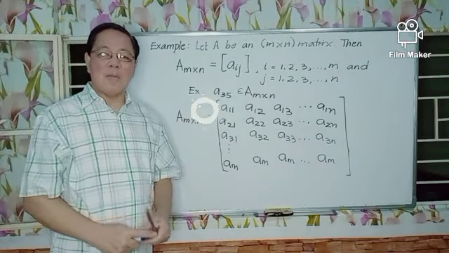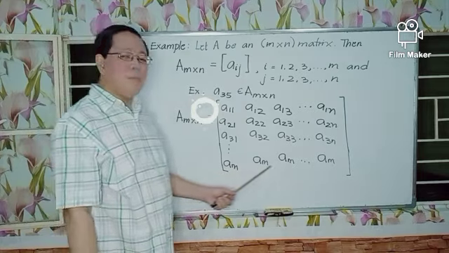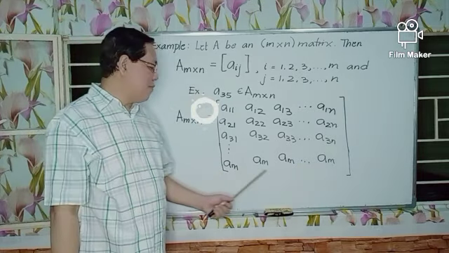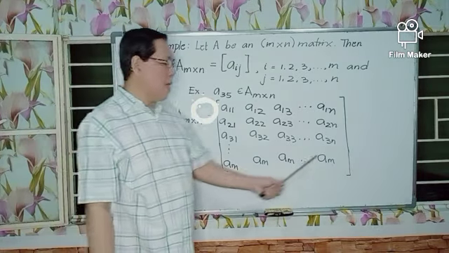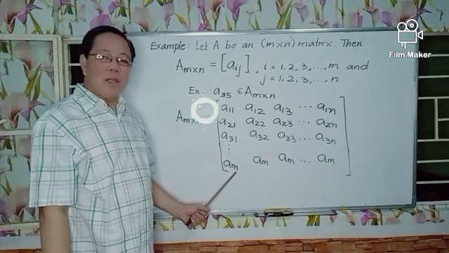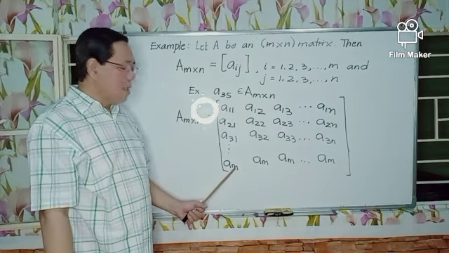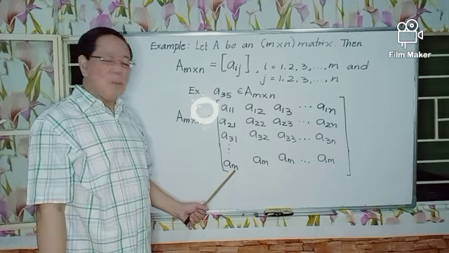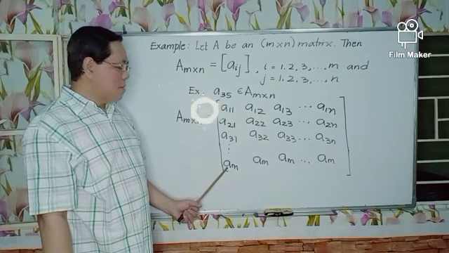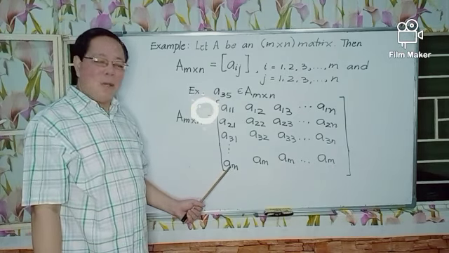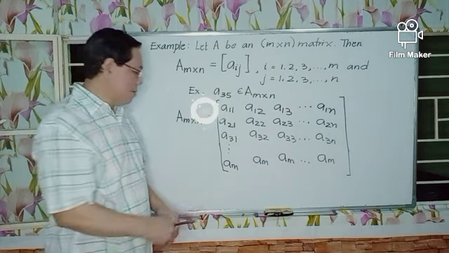But the second subscript of the entries of the mth row will vary from 1 to n. This is the entry in the first column, the last row, mth row, and first column. So this entry has subscript m1.